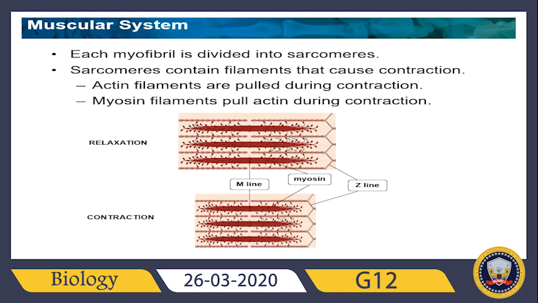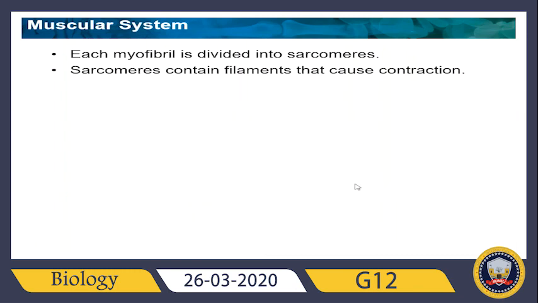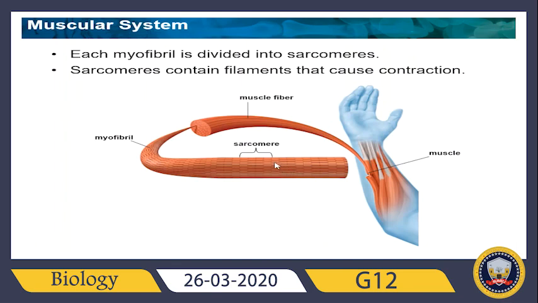How has this happened? So let's take a look here, guys. So we have the M line and the Z line. Okay, let's take 2 steps back. This is the Z line, and inside here the M line. This is the center M line.